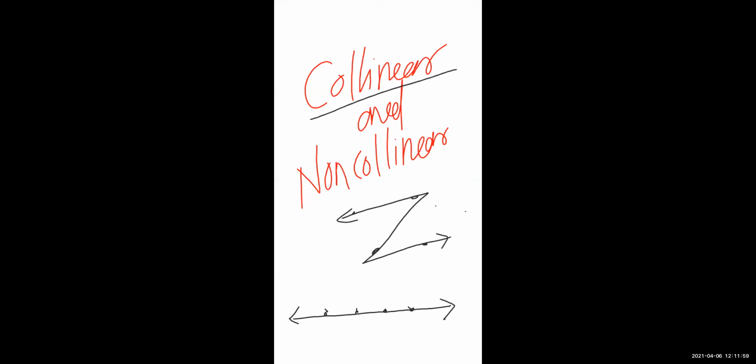Here one ray is formed, this is the starting point and this is the ray. And from here, what do we get? 2 end points, so it is a segment. So this is not a line. It is a combination of rays and a segment.